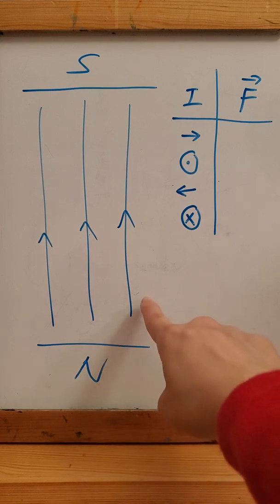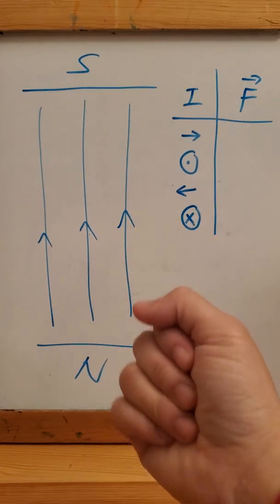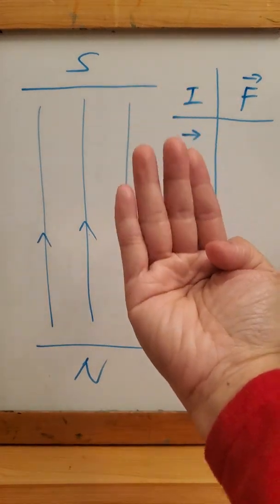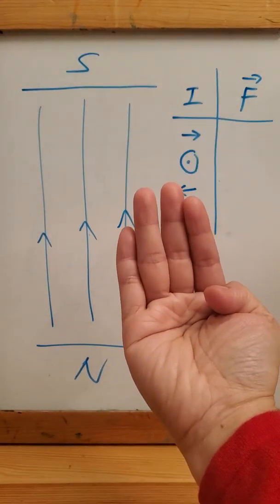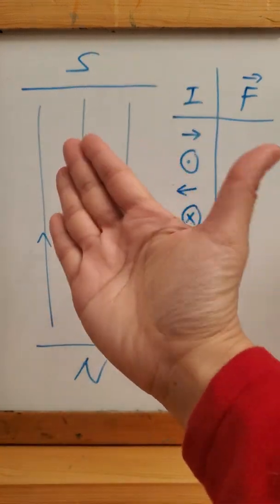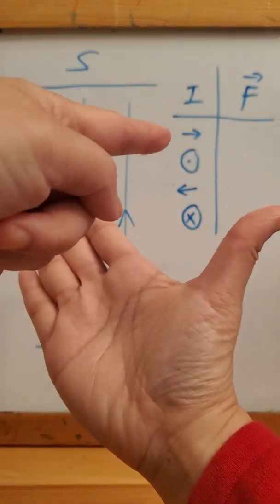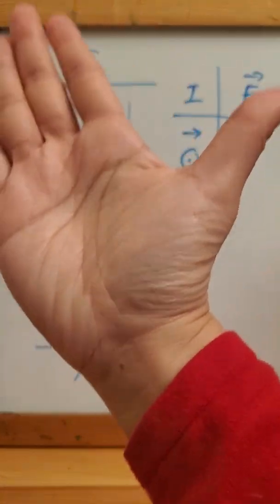Let's give this question a try. First of all, we align the fingers in the direction of the magnetic field, which is pointing up in this case. And then we will twist the wrist until the thumb is pointing in the direction of the current, which is to the right.